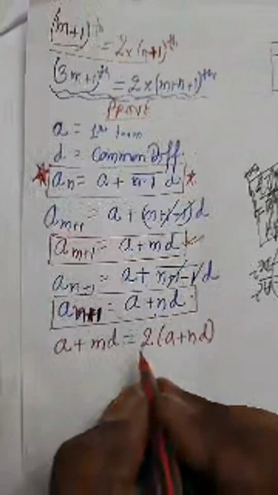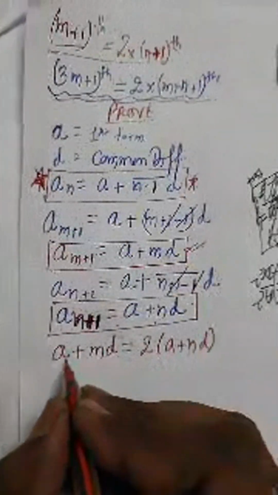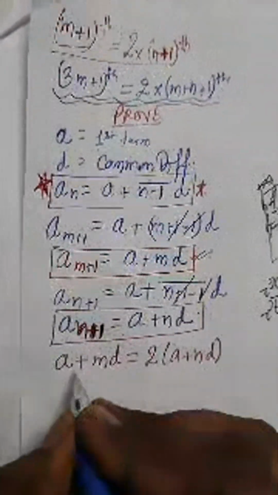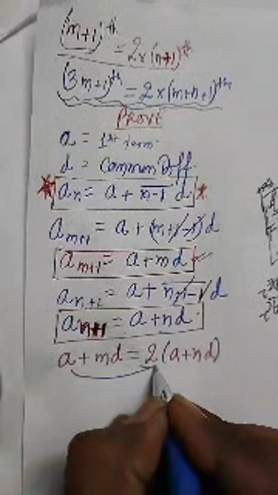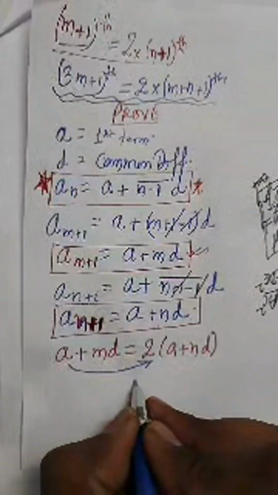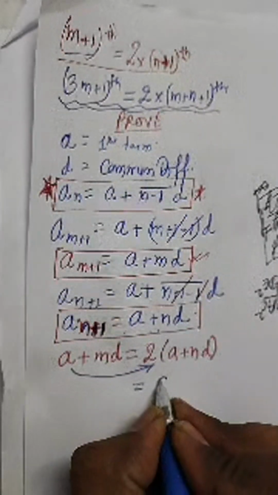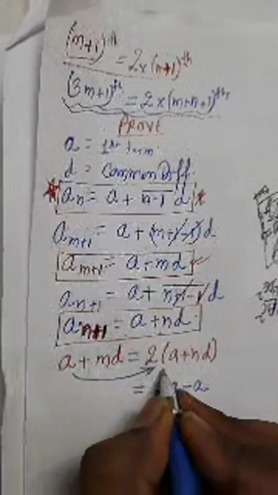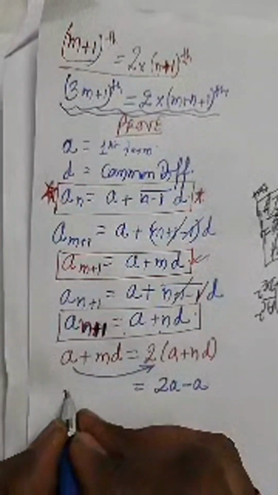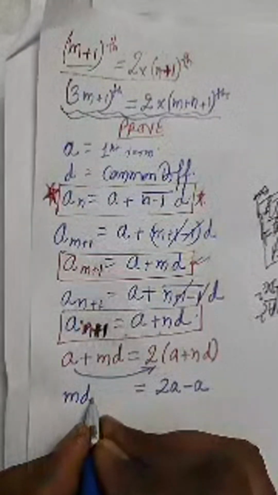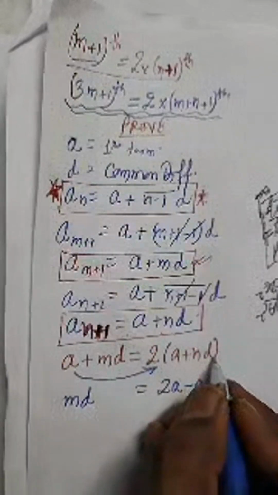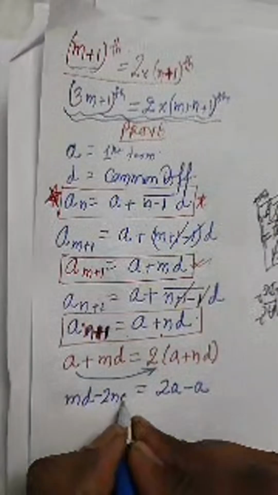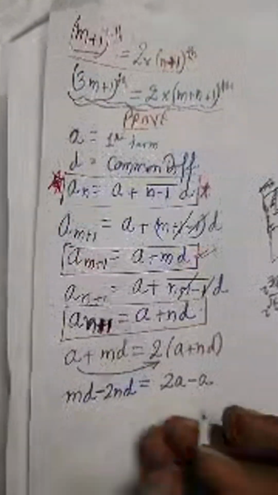Now here you can see A and 2A. So this A will be going to the RHS, and we are left with 2A minus A on the RHS, and on the LHS it's md, and when 2nd goes to the LHS, it will be minus 2nd, right?